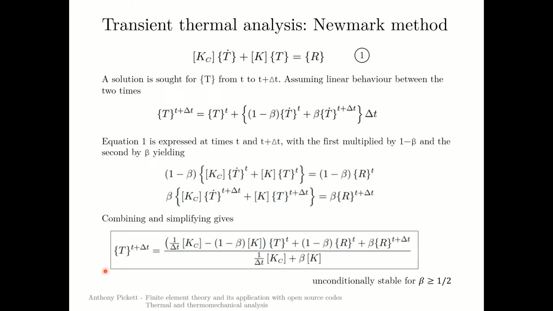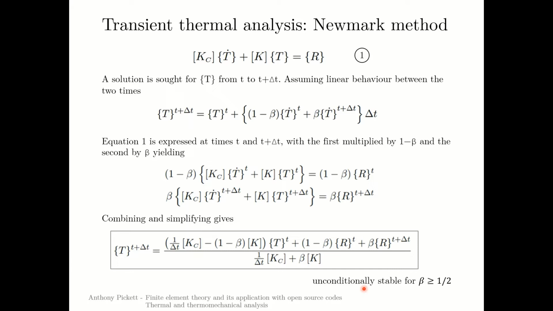We've got rid of our rate terms, and we see here that the temperature at t plus delta t is equal to all of this, which contains known information at time t, with the exception of this term here, which is the flows. We have to assume we know what the flows will be, the surface flows at time t plus delta t.